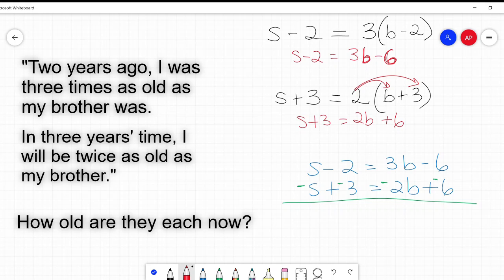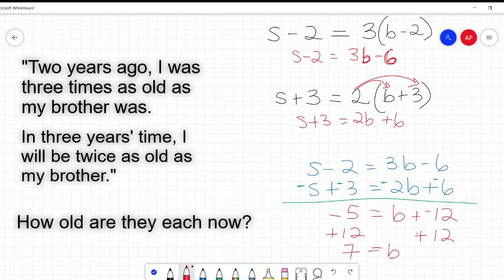My S's cancel out. -2 plus -3 is -5. 3B minus 2B is just B. -6 plus -6 is -12. So now to solve for B, I'm going to add a positive 12 to both sides to get B by itself, and B is going to equal 7.